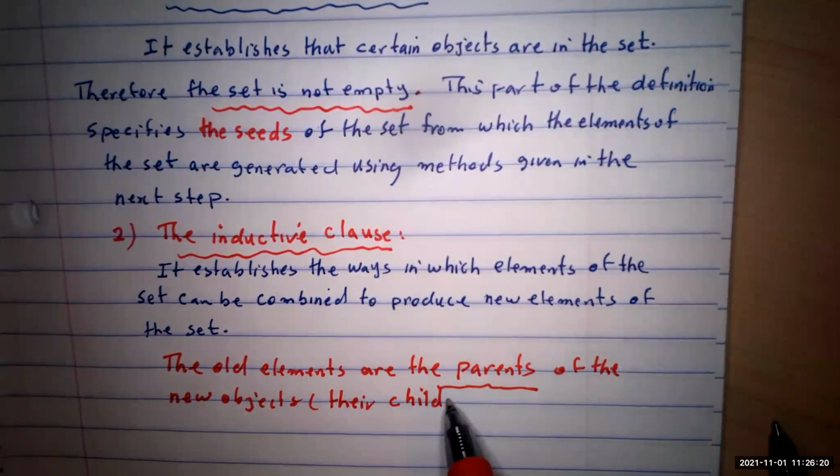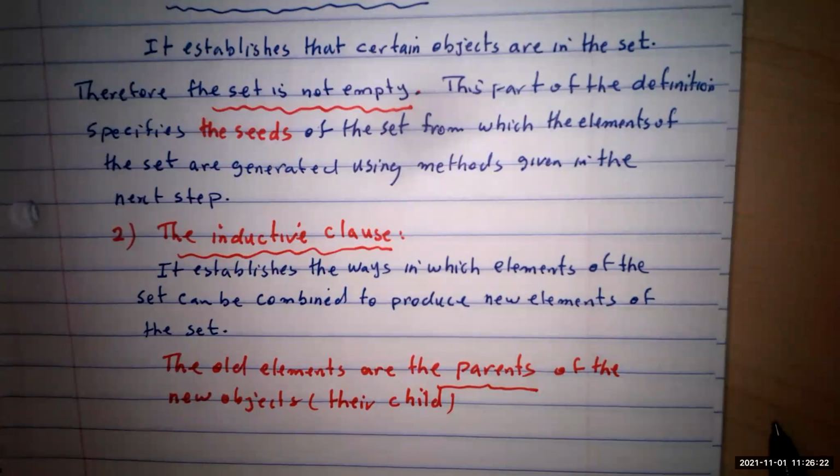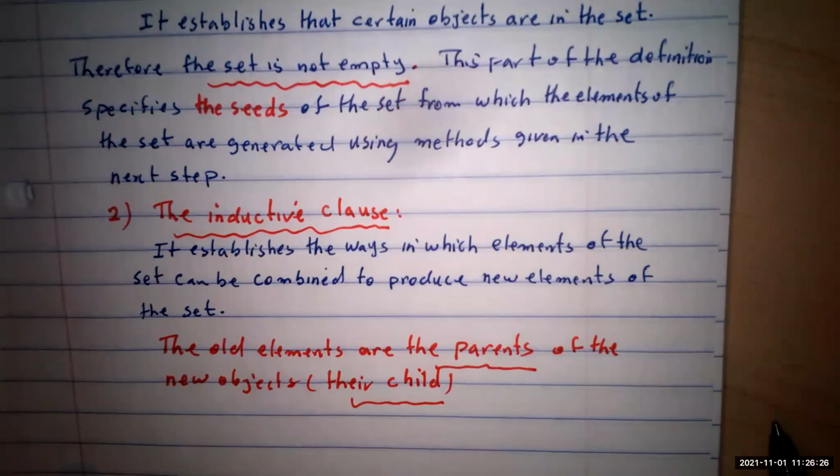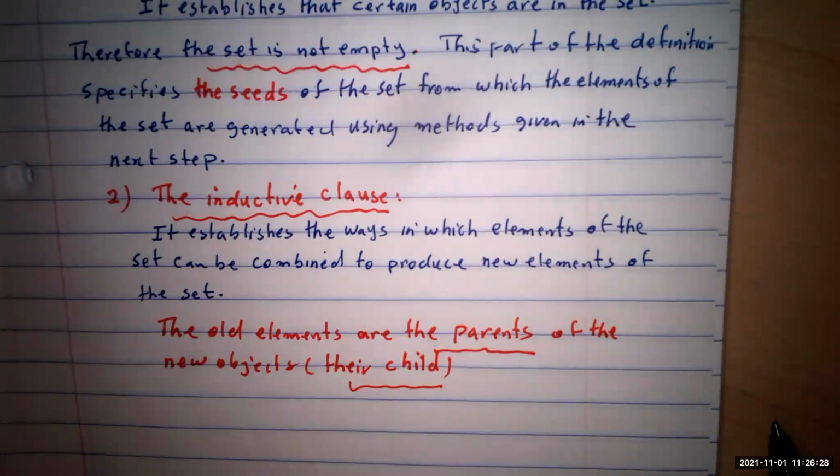So the parent would produce the children, the new one. Then the children become the parents of the next step, and it just goes on forever. Okay, so by the inductive step, this is the way we're going to go ahead. Do it over and over and over.